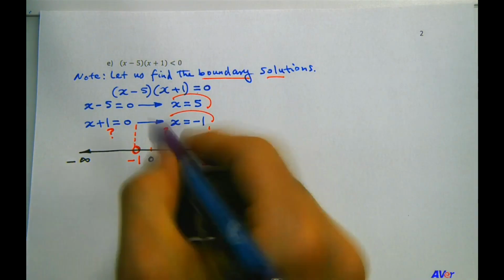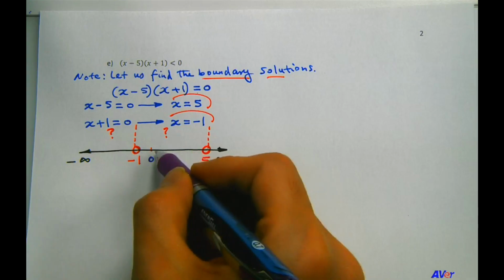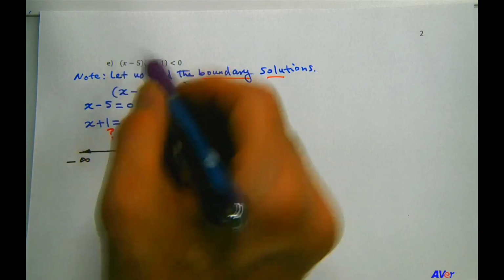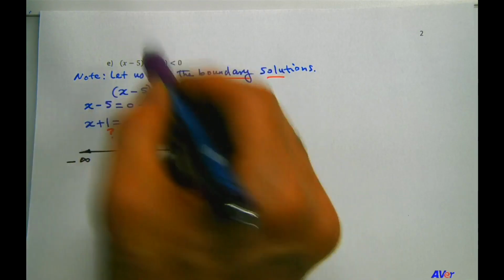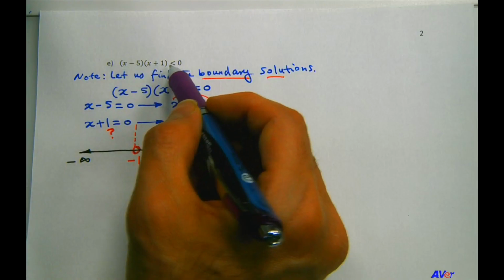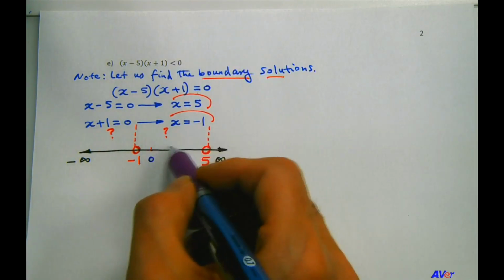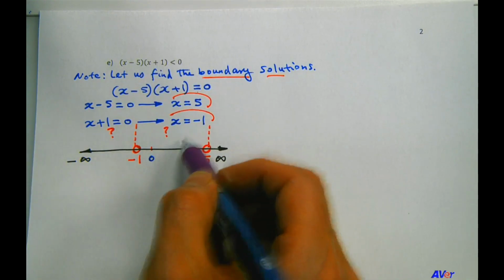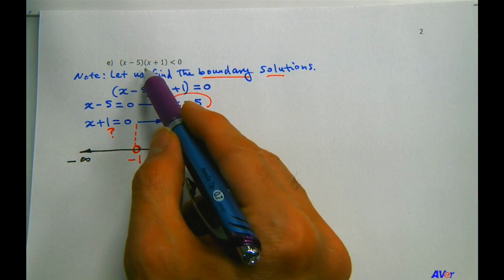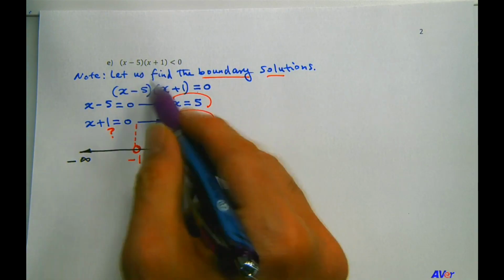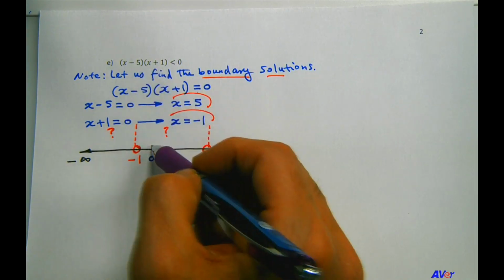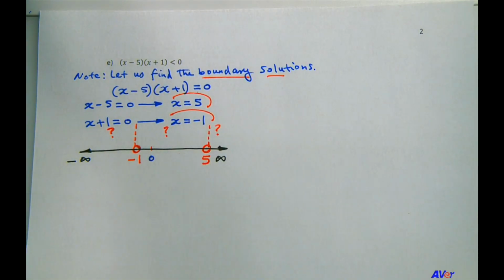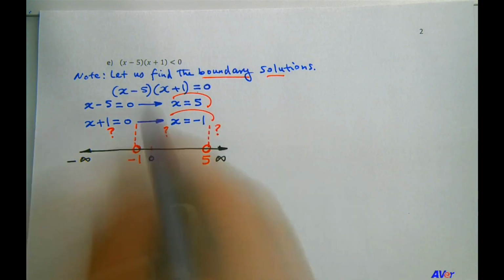For example, 0 would be the easiest number in this area, right? We could test that here. If that number makes this inequality true, then all those numbers in the same region will make the inequality true. On the other hand, if that number does not work out, then none of the other numbers will work out in this region. After that, we will pick a test number in this region to see if that region is going to be part of the solution.